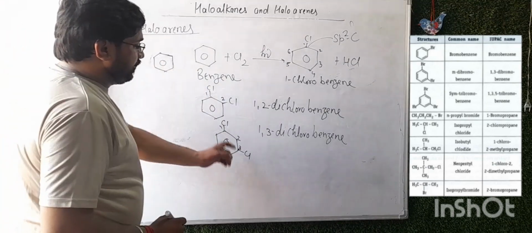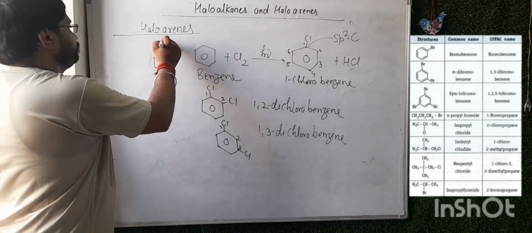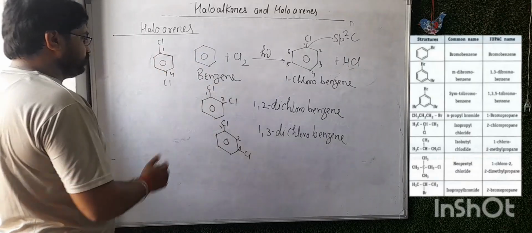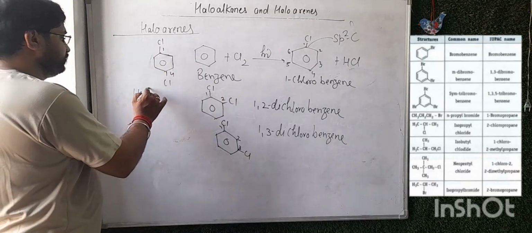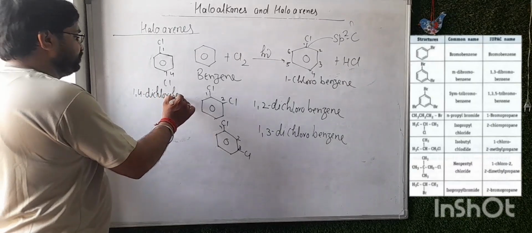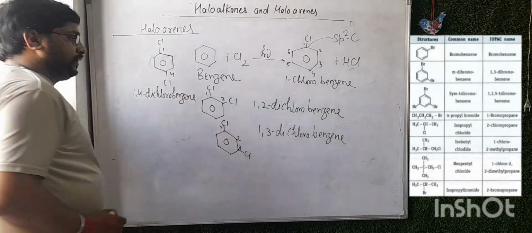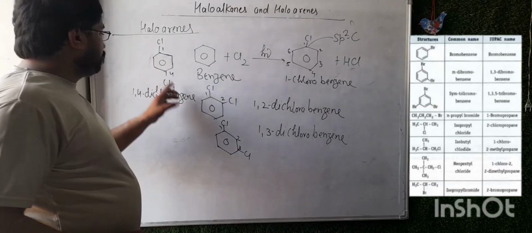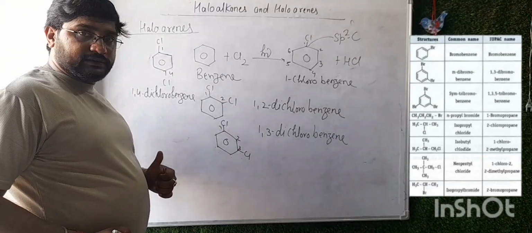Again we write here, if the position will be on the benzene ring, and now the position is coming from the fourth carbon, this is the first and this is the fourth, so the simple name is 1, 4-dichlorobenzene. Okay, and their positions 1, 2, 1, 3, 1, 4 also have very simple naming.